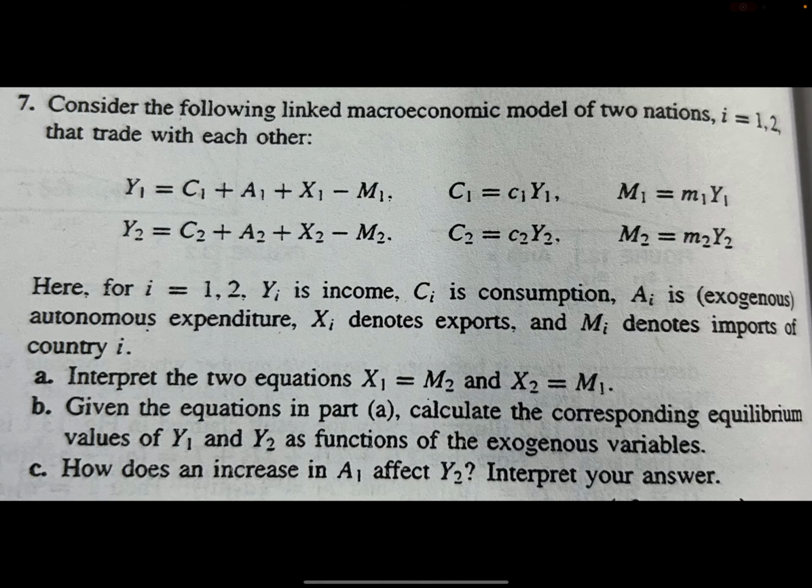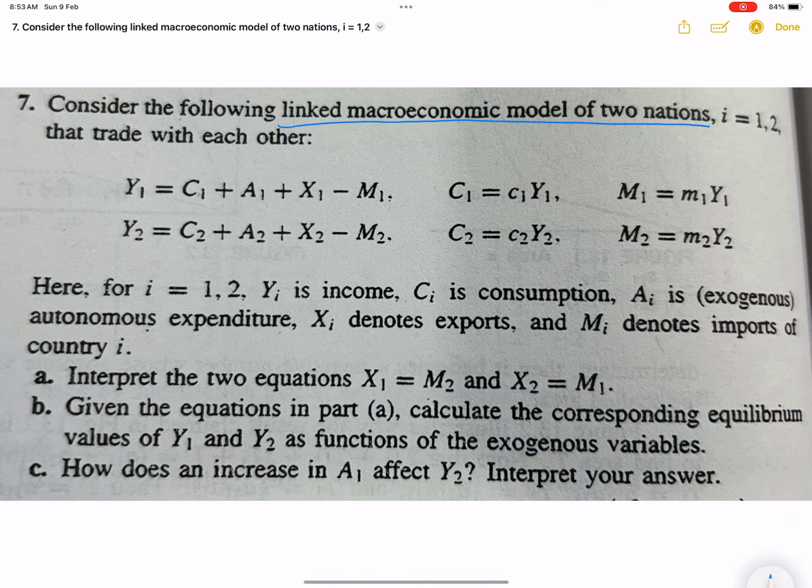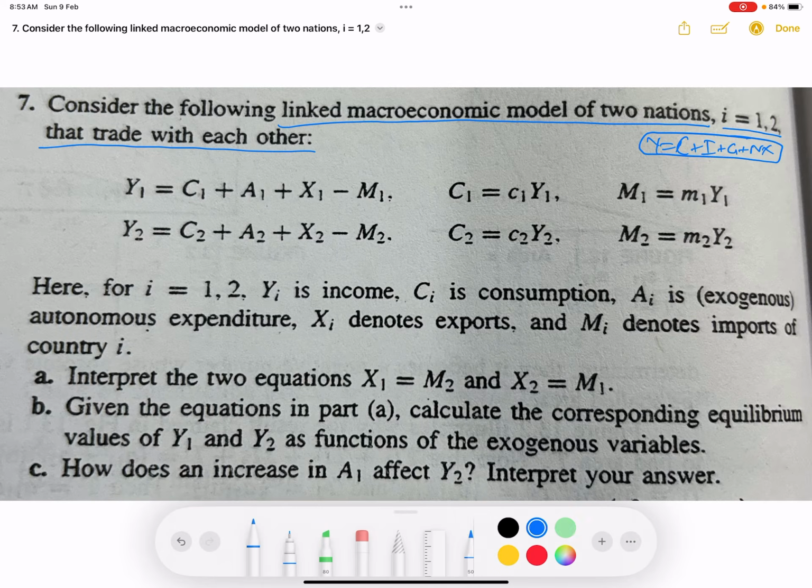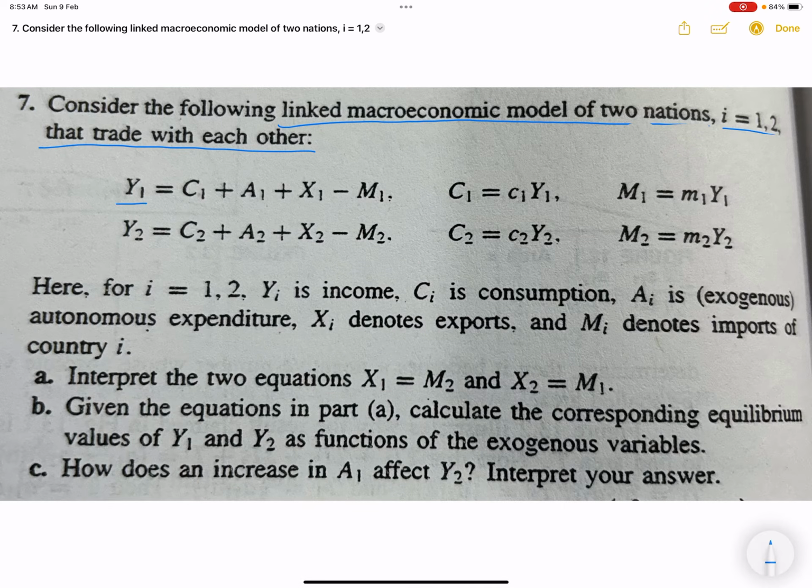Consider the following linked macroeconomic model of two nations, i equals 1, 2, that trade with each other. You must know this equation: y equals c plus I plus g plus nx. In this case, g is assumed to be 0 and there is no I as well. Now y1 equals c1 plus a1 plus x1 minus m1.